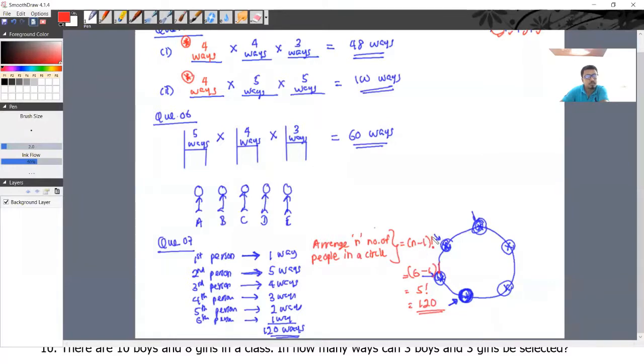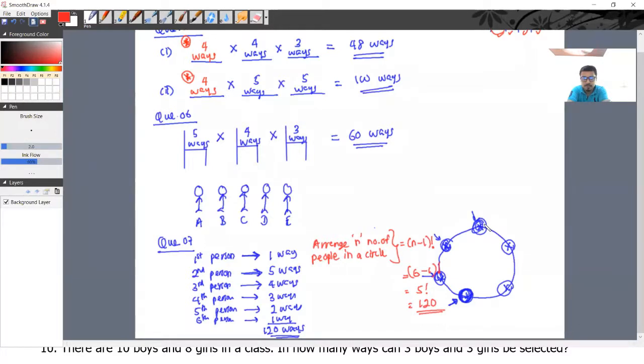We can find this using the formula n minus 1 factorial ways. Right. If there were 10 people to be arranged in a circle, how many possible options are there?